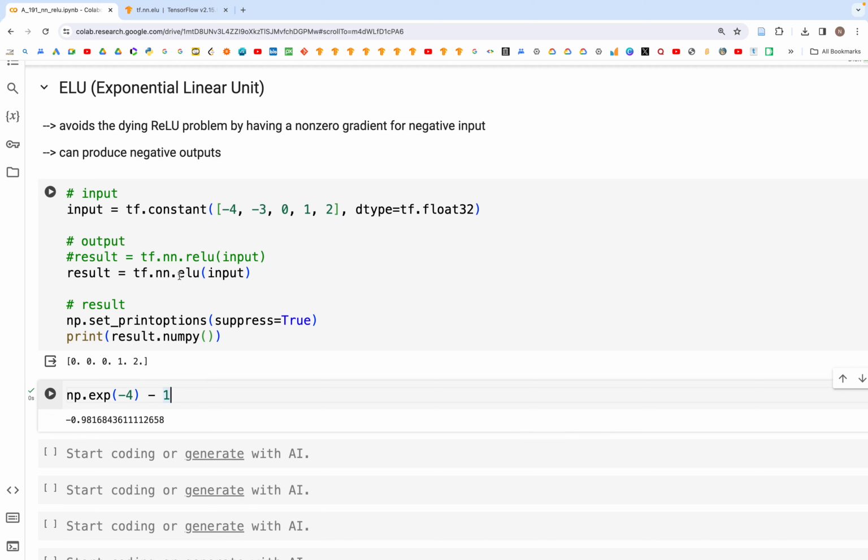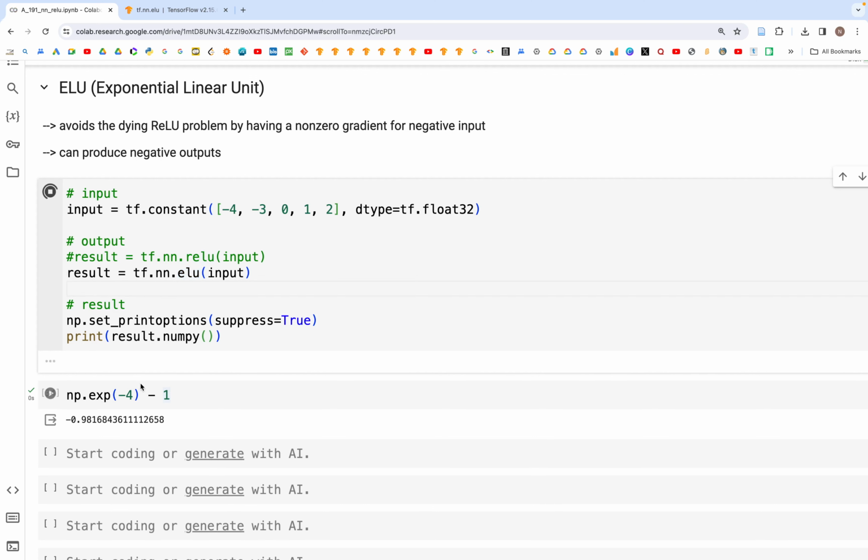So when we use the ELU activation as we run here, we get non-zero negative values for the negative values in ELU instead of zeros, as we did get zeros in the ReLU function.